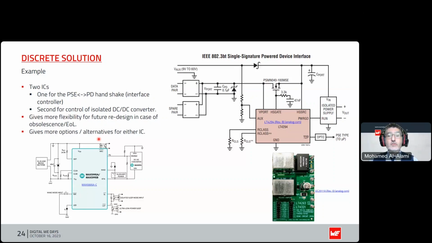It makes it easier to find an alternative. If you're taking an integrated solution, as you will see in the next couple of slides, then your redesign effort doubles or becomes a lot more complicated and a lot bigger. So this is one of the solutions, and it gives you more options, like I was saying, with alternative ICs.